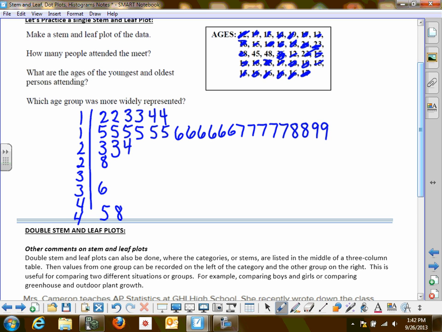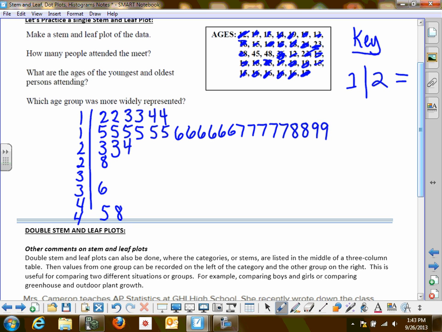Okay, we do need to have a key. This class is all about putting context to numbers, to real life. So here's how you make a key. You write the word key, okay? And then let's draw the little line in between our stem and our leaf, and you pick a stem and leaf. So I'm going to pick the 1 and 2, meaning, then you say what that equals in context.